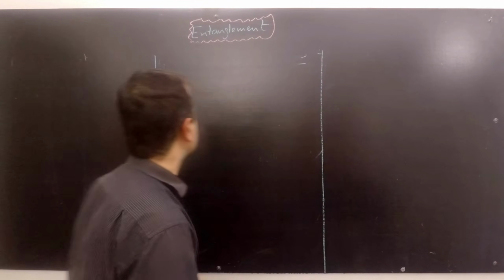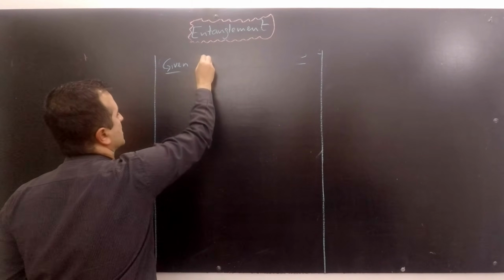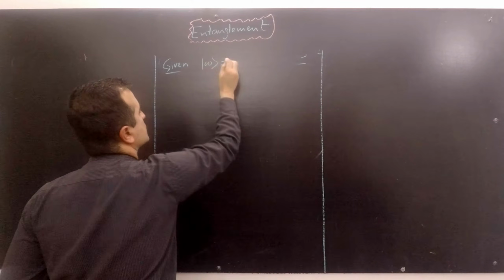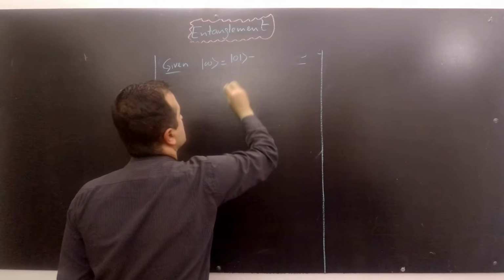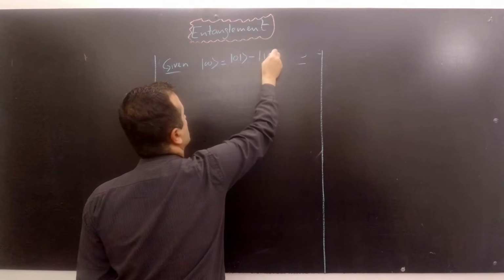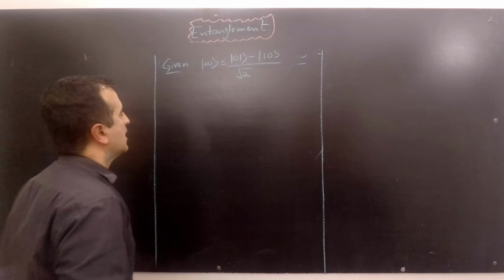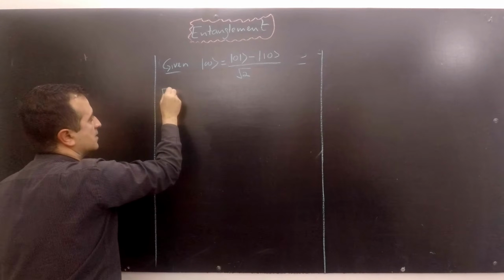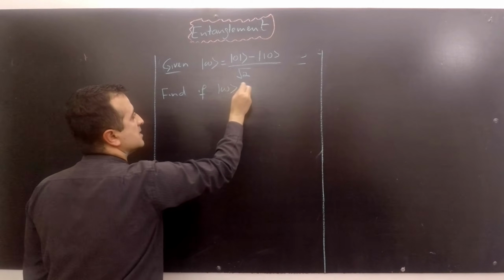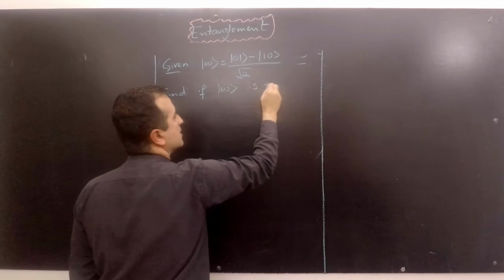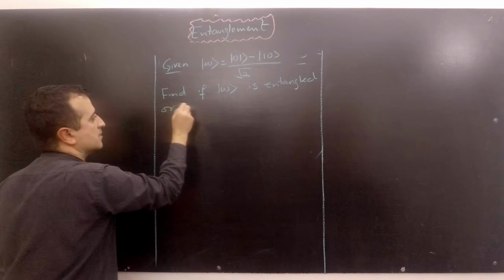I have been given a state, say ket omega, which is equal to ket 0 1 minus ket 1 0 divided by square root of 2, and I have to find if ket omega is entangled or separable.